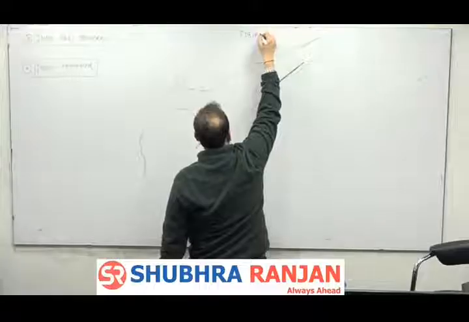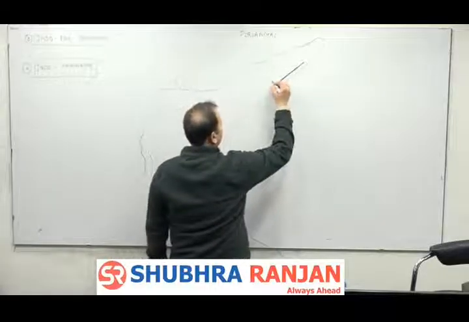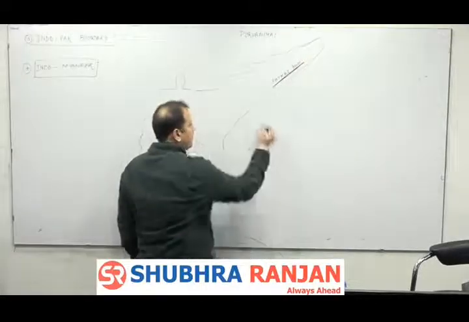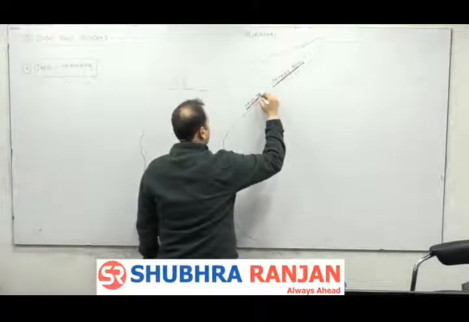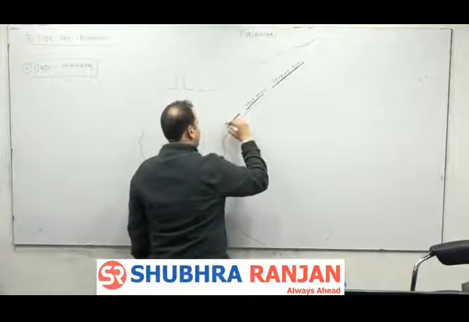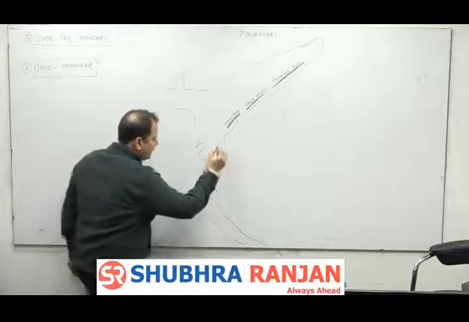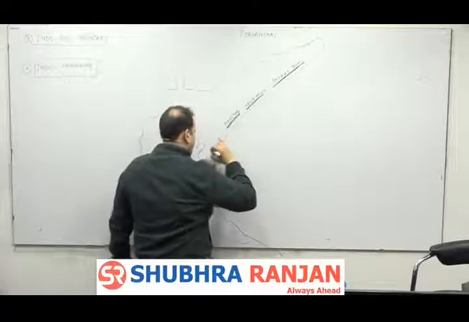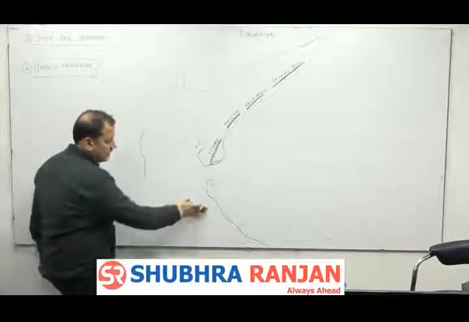Purvanchal Hills means Eastern Himalayas, which from north to south are Patkai Bum, Naga Hills, Manipur Hills, East Manipur, West Manipur Hills, and Lushai Hills, or Mizo Hills.